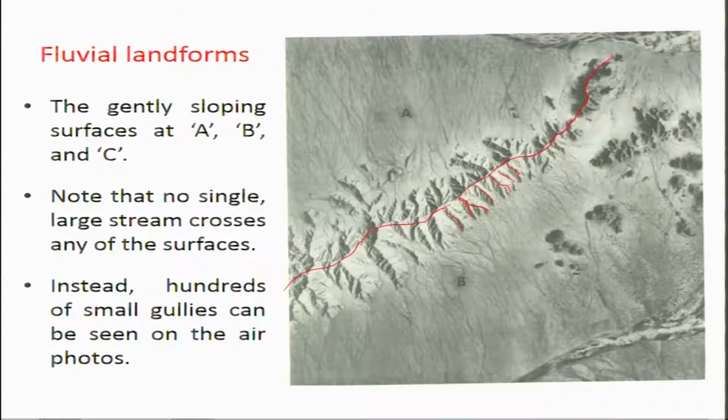This dissection may be due to some fluvial source like surface runoff, or due to precipitation, due to which a number of gullies are formed, like this.